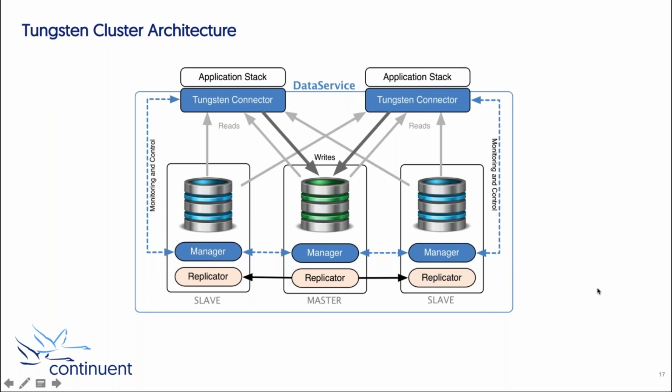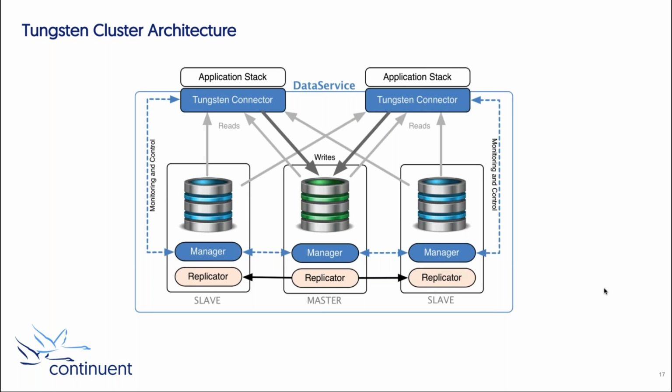And there are a whole bunch of algorithms that we can use for read-write splitting. But one of the key things here is that the connector is aware of the replicator. And what that means is the replicator keeps track of how many transactions behind it is from the master. And it communicates this information with the connector. So then the connector knows, is the slave up to date, yes or no, or how far is it behind?